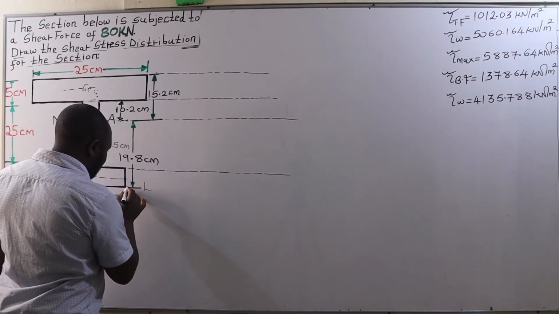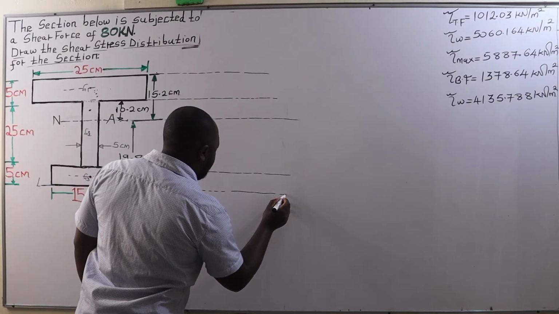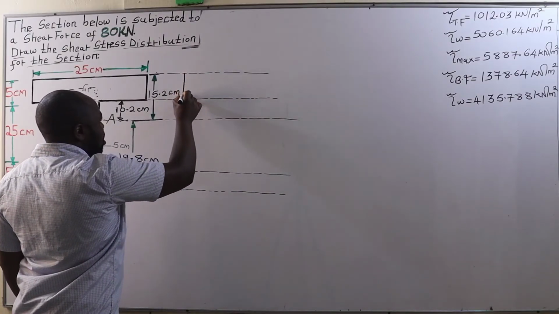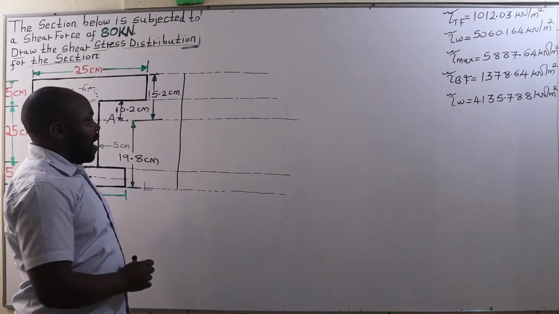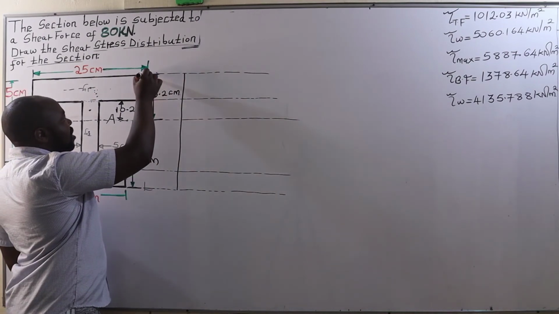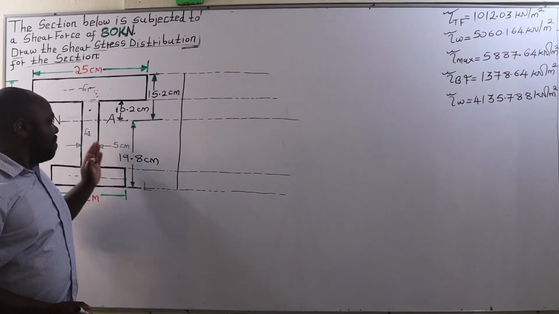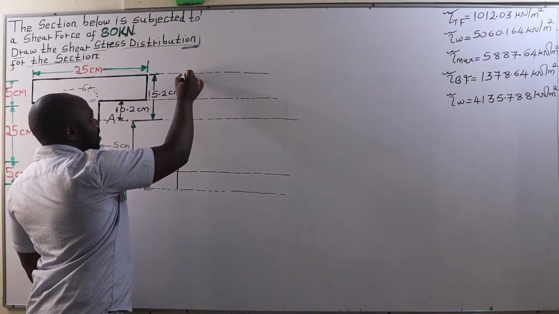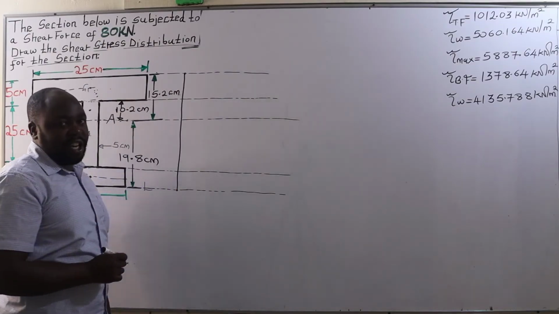And then we have the lower edge of the bottom flange. Then we have the origin line, the vertical line. And we already know that the shear stress at the top and bottom edges of the I-beam section are 0. Therefore, the shear stress here is 0 as well as at this point.